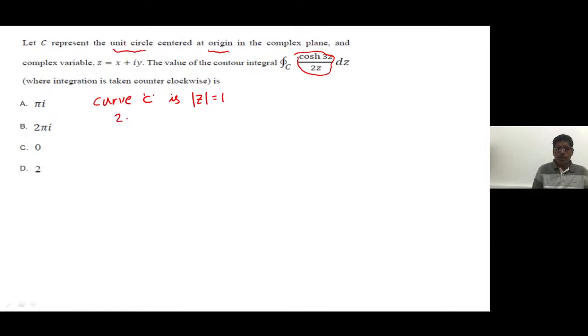Now usually in the problematic approach, the singular points are obtained by equating the denominator to 0, or where the integrand, that is usually f of z or some function, is not analytic at a point, such a point is called a singular point. So 2z is equal to 0 gives z is equal to 0 is a singular point.